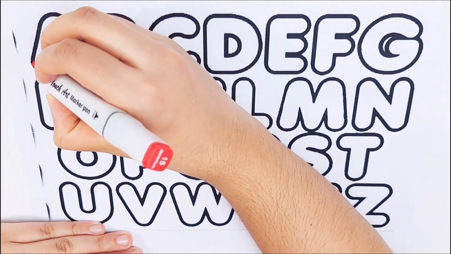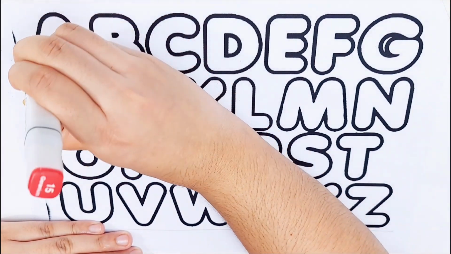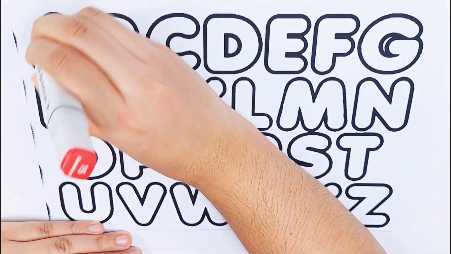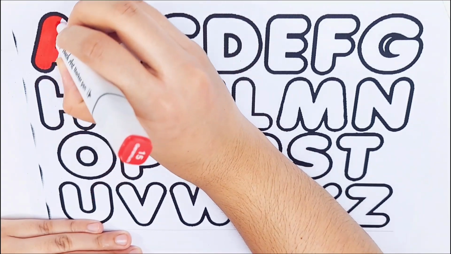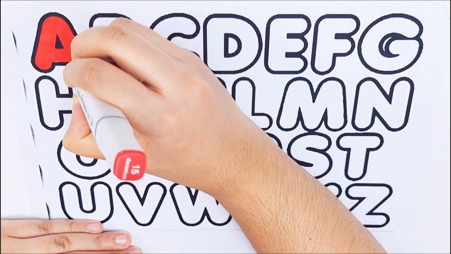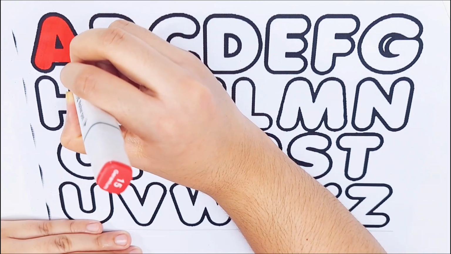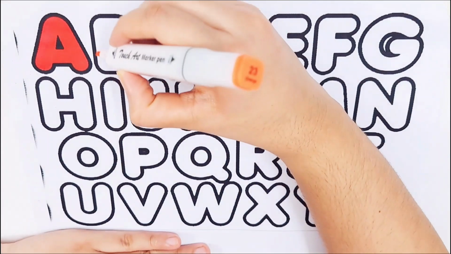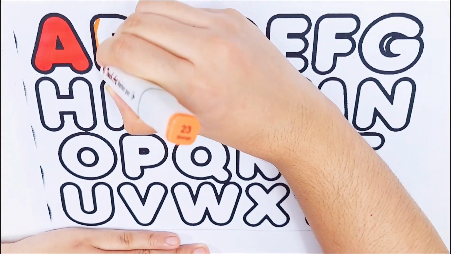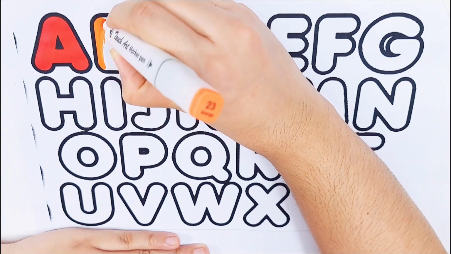Red color. A. A for apple. Orange color. B. B for banana.